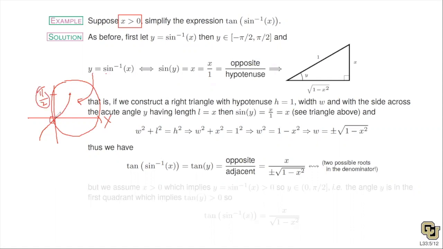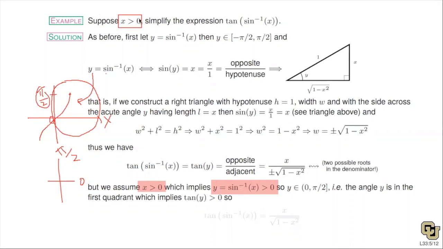Because when x is greater than 0, the range of arc sine is between 0 and pi over 2. Think about that in terms of angles: y is in the first quadrant. If x is positive, the arc sine will be positive, which means y will be between 0 and pi over 2, which means this angle y, arc sine of x, is in the first quadrant.